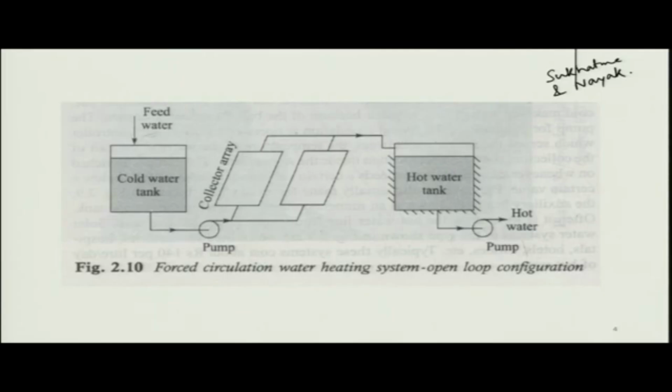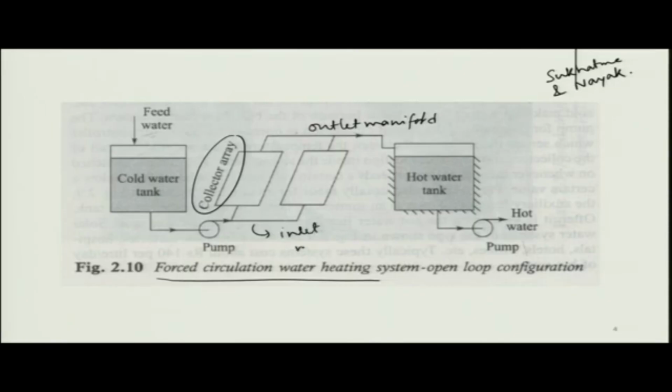So, here what we are seeing is a schematic of a forced circulation water heating system, where you have an array of collectors, and everything is connected through this outlet manifold, and here you have the inlet manifold. And this pump is pumping the liquid through this array of collectors, and you have two tanks which are separated.